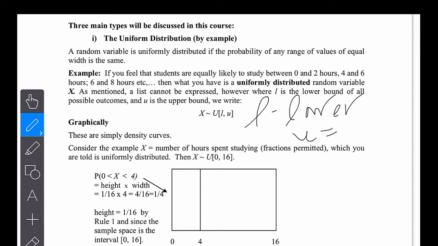It makes a rectangle, and what it means is that the chance of seeing a low outcome is about the same as seeing a higher outcome. So all outcomes are equally likely is a way to say it.